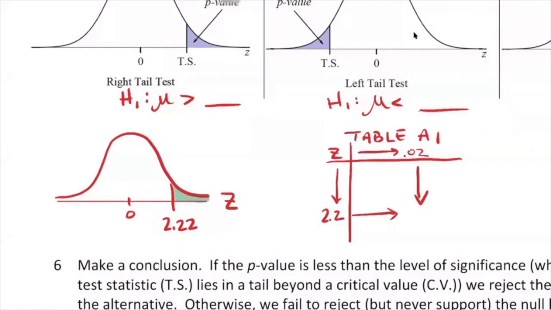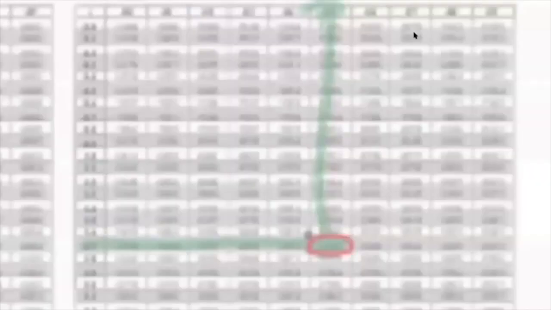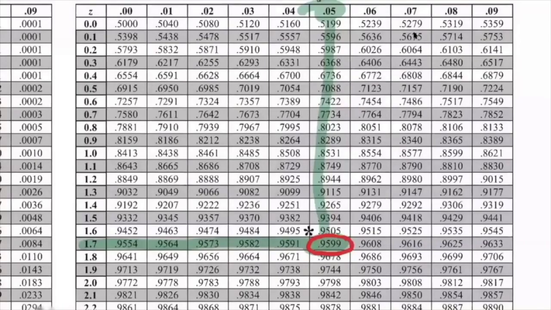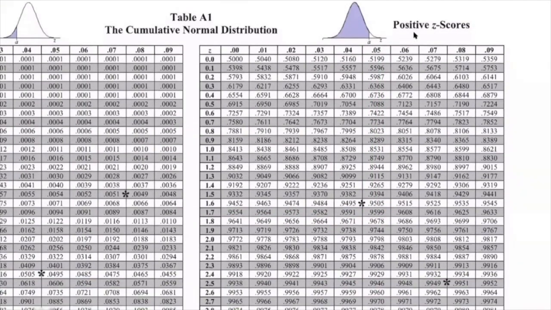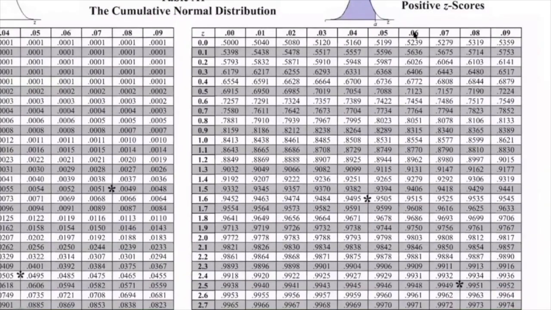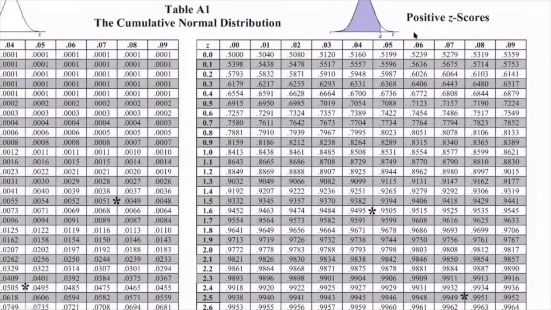Let me pop over to that real quick. Table A1. And so hopefully you're seeing what I see here, which is 0.9868.